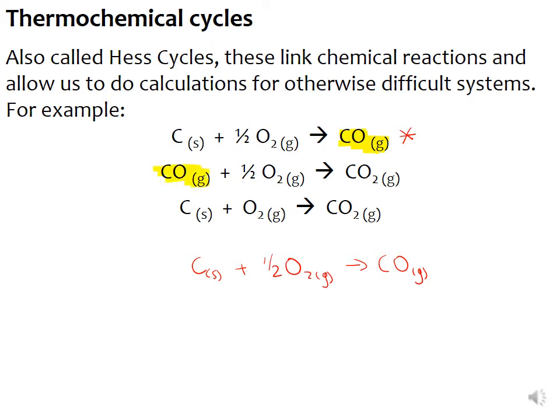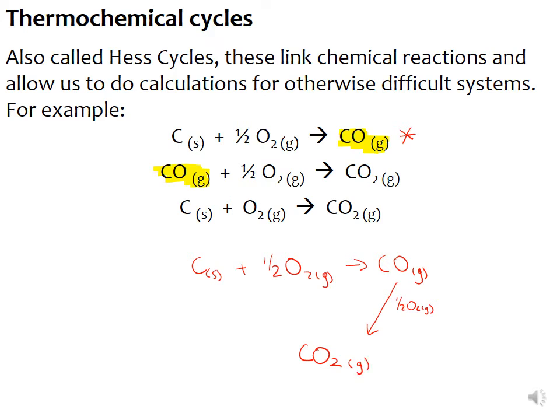And it doesn't matter what order we're looking at, this is just coincidental that it's one after the other. And this second reaction tells us that the CO reacts with half O2 gaseous to form CO2. And so I'm going to use that to form a cycle. CO gaseous reacts with half O2, which I'm just going to put with the arrow, and that makes CO2 gaseous.